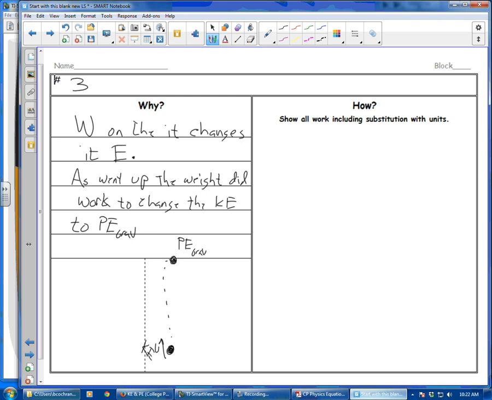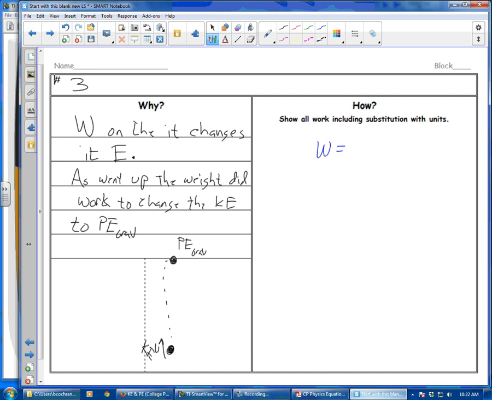So that's the whole reason it slowed down as it went up, because more and more work was done on it by its weight. And that changed it from kinetic energy to gravitational potential energy. So, work is done on it.